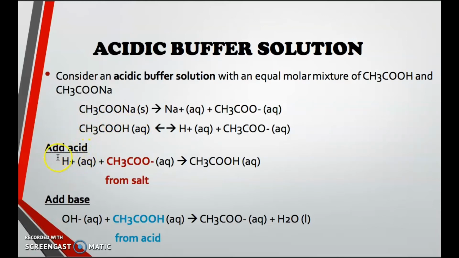The hydrogen ion reacts with the acetate ion from the salt and will produce acetic acid. So when you add base, the hydroxide ion here reacts with the acetic acid to form acetate ion.